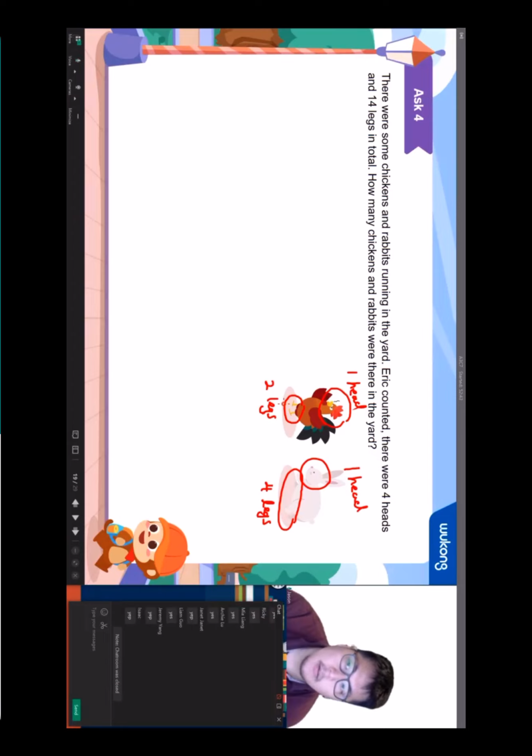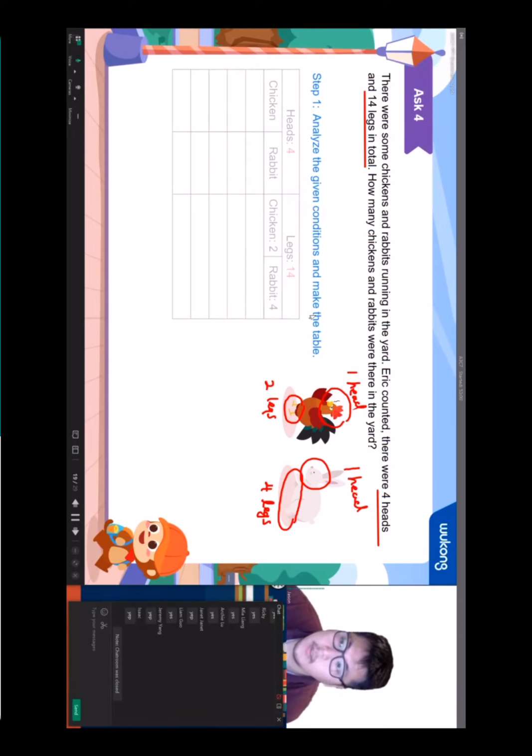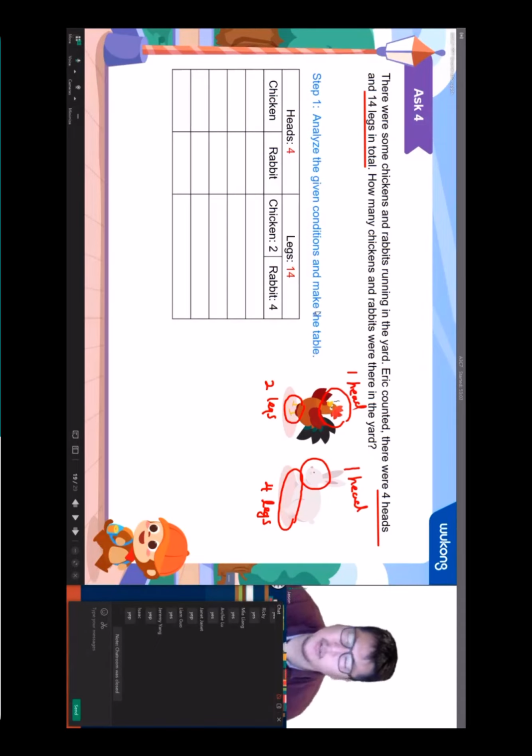But when Eric counted, guys, there were 4 heads and 14 legs. So we need to think. How many chickens and rabbits do we actually have? So we need to make a table like this, guys. This time we have heads and legs, guys.